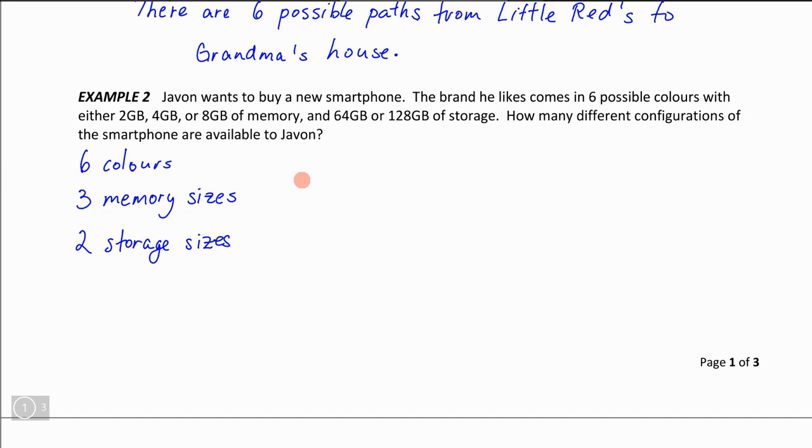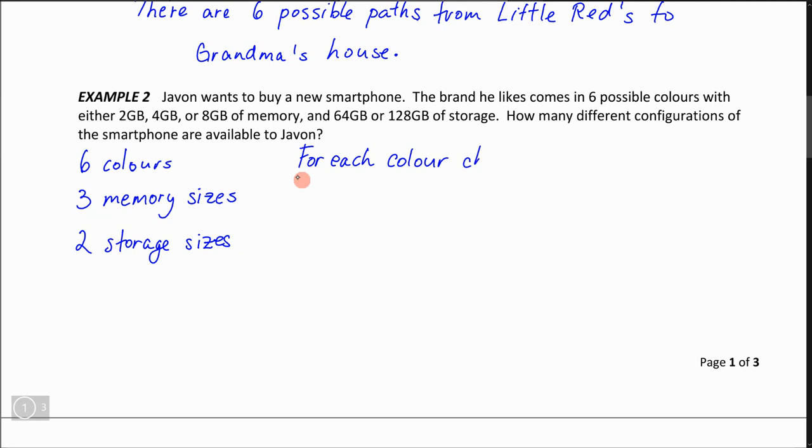We can also use a little bit of mathematics as well. So I'm going to say here, for each color choice, there are 3 memory sizes.